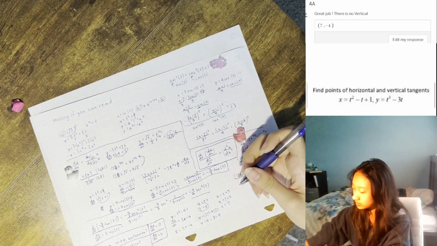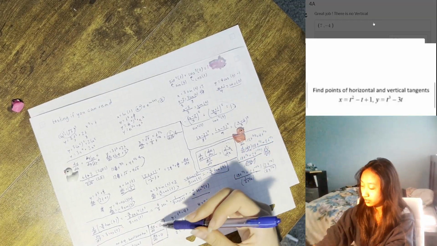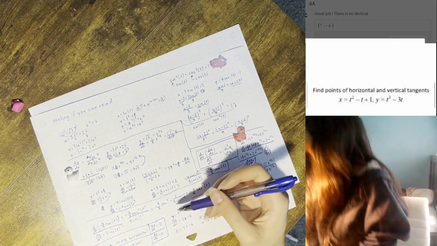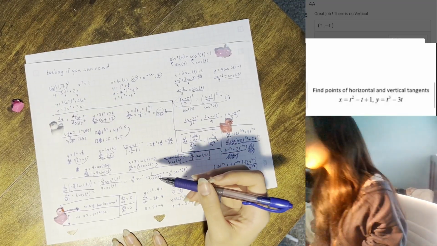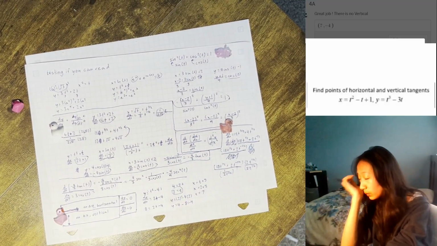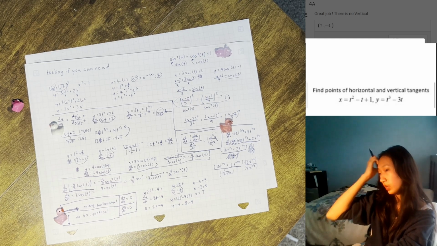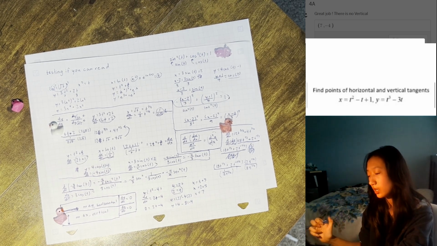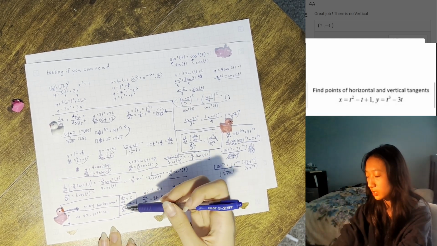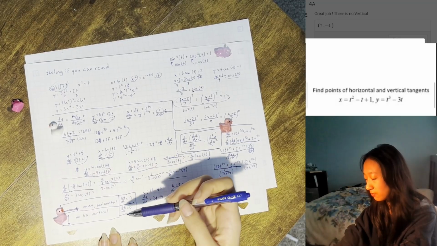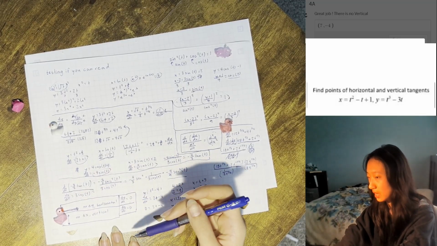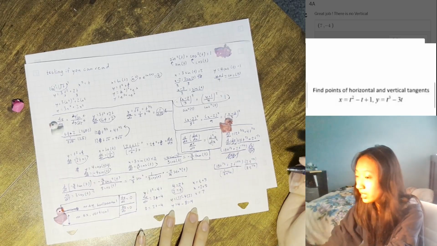If we wanted to find where our vertical tangent is, we'd take the derivative of x with respect to time and find where it is equal to 0. So let's try to do that.